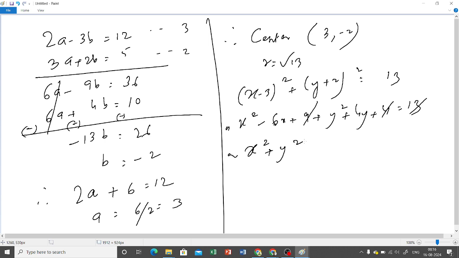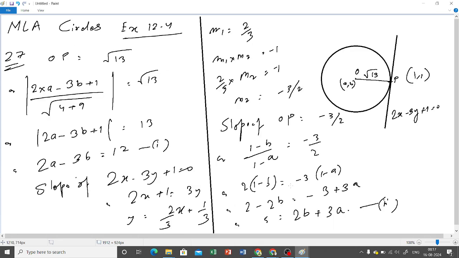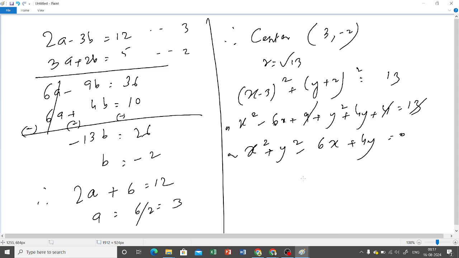So x square plus y square minus 6x plus 4y equals to 0. Okay.